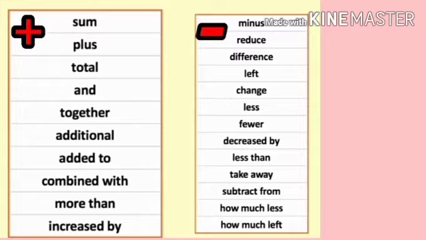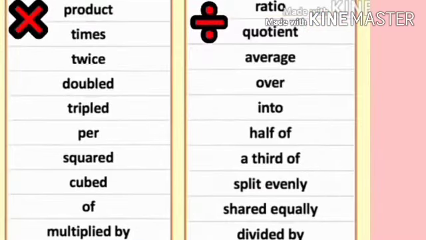Add, sum, plus, total, and, together, additional, added to, combined with, more than, increased by are the words commonly used to represent the operation of addition. Similarly, there are many other words to represent the operations like subtraction, multiplication, division, equal to sign, etc.